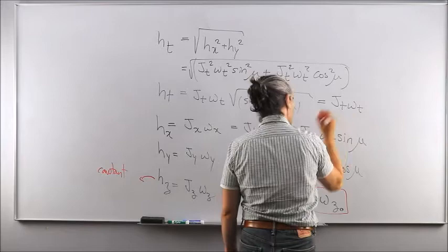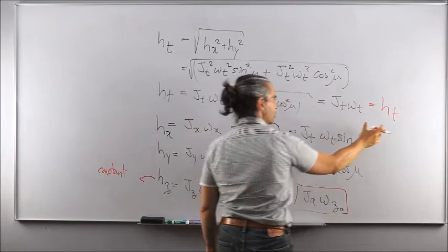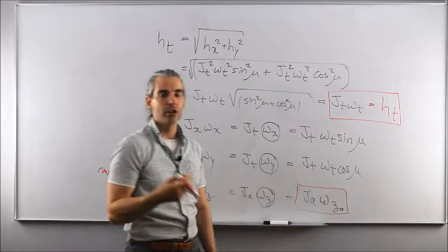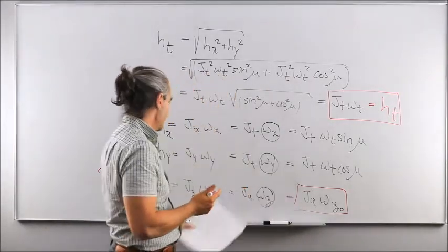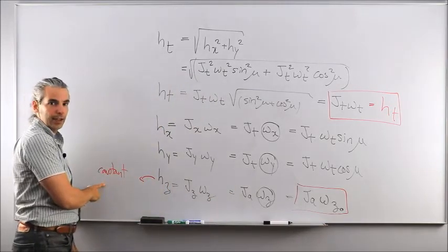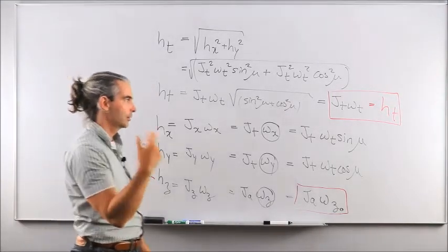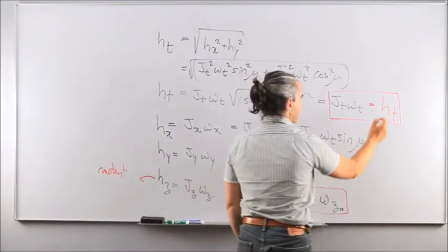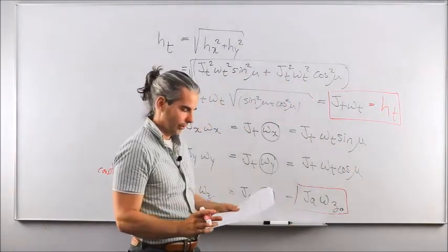And therefore, because Jt is another constant, it implies that ht altogether shall be another constant. Very similar to the conclusions we had drawn from the angular velocity analysis, because we had the z component of angular velocity being constant. And the z component of the angular momentum vector is also a constant. We had also discovered in the previous section that omega t was constant. And so ht is constant too.